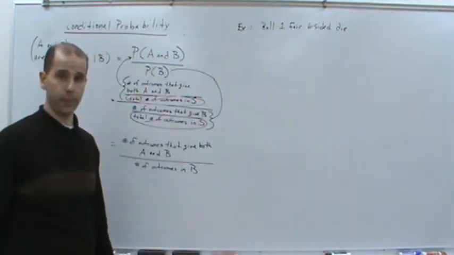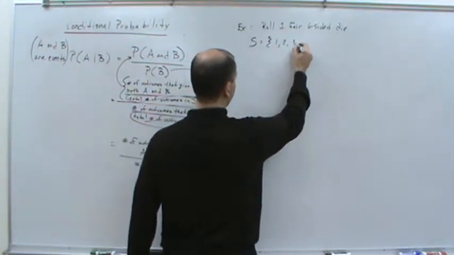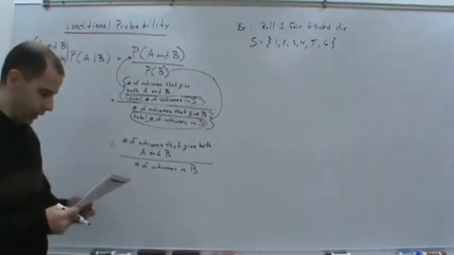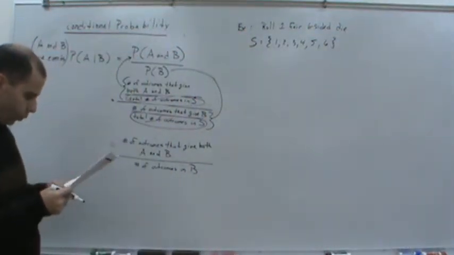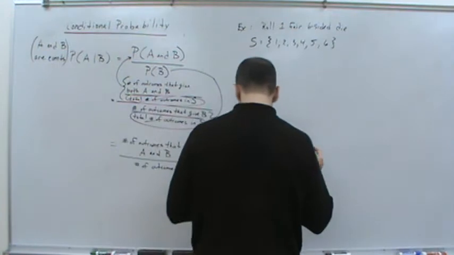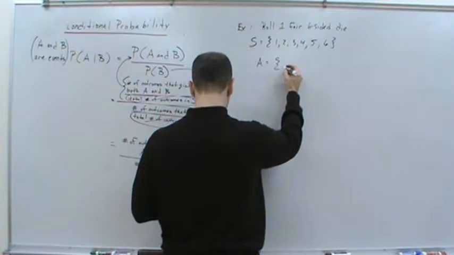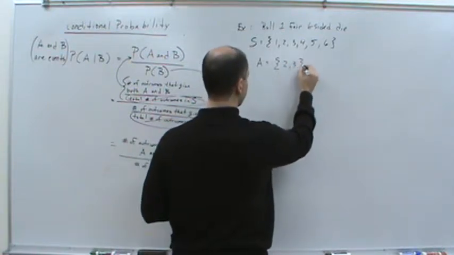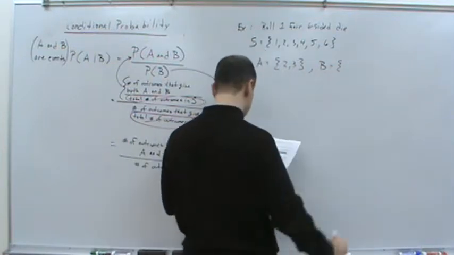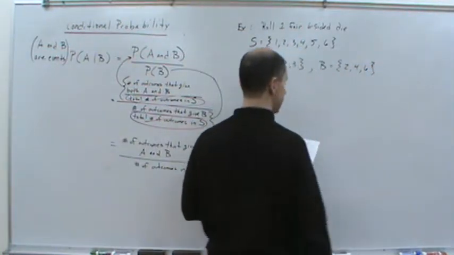What's our sample space? Our sample space is going to be 1, 2, 3, 4, 5, 6. Let's define event A as the set of 2 and 3, and let's define B as the set of outcomes 2, 4, and 6.